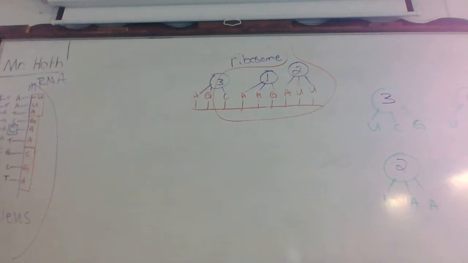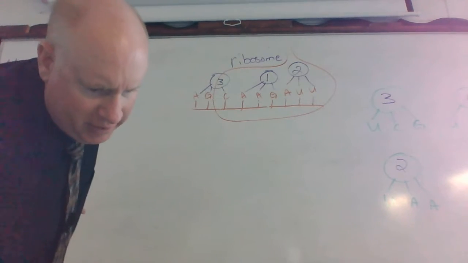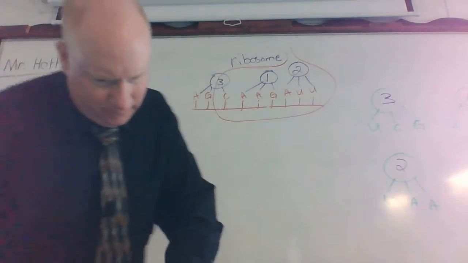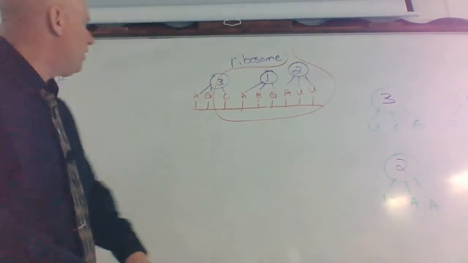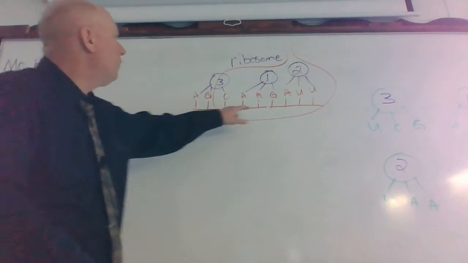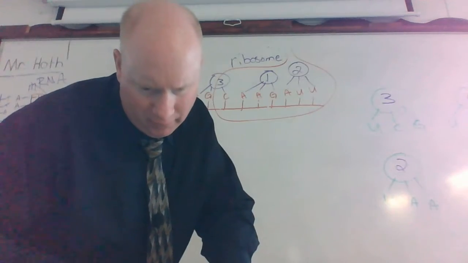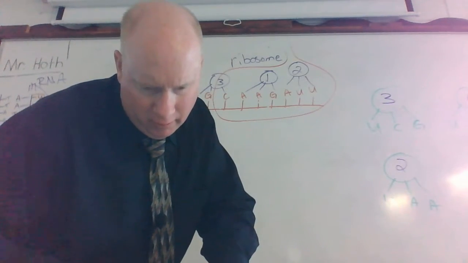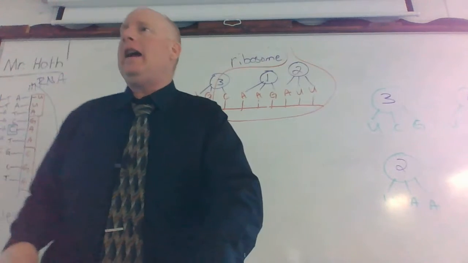Okay? So let's say, for instance, it was supposed to be the amino acid aspartic acid, I believe. Let's see here, this middle one, GAA. No, it's supposed to be glutamic acid.